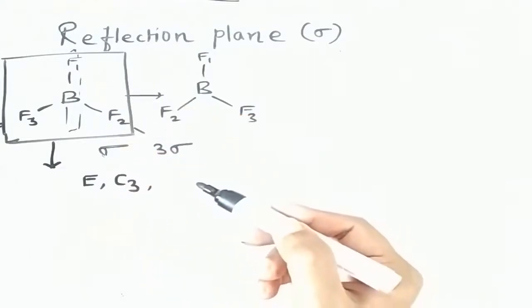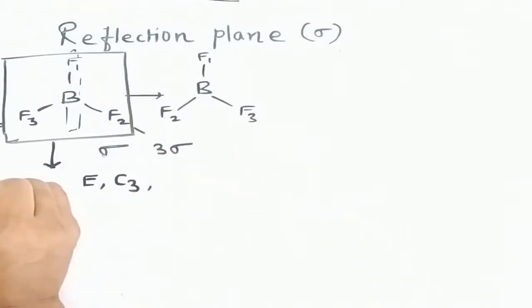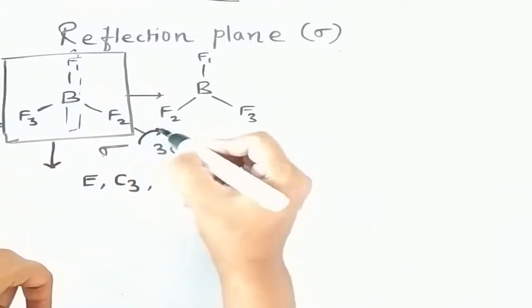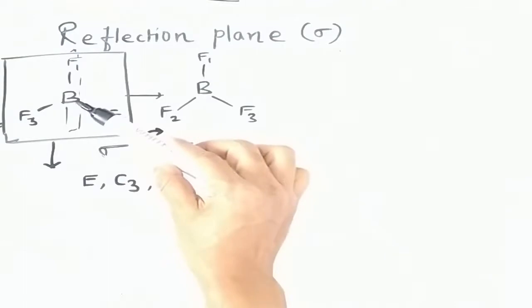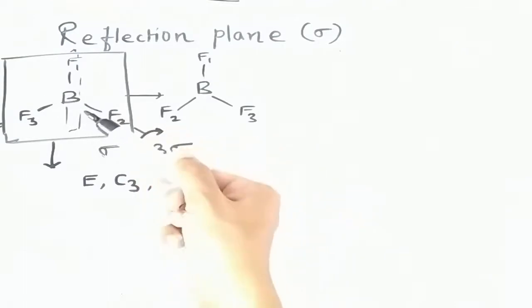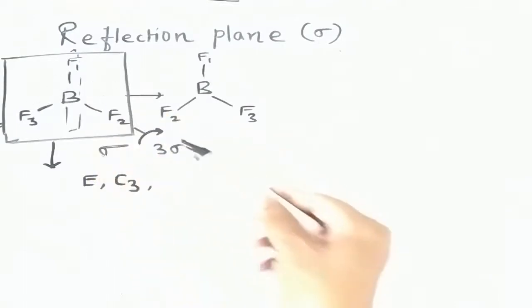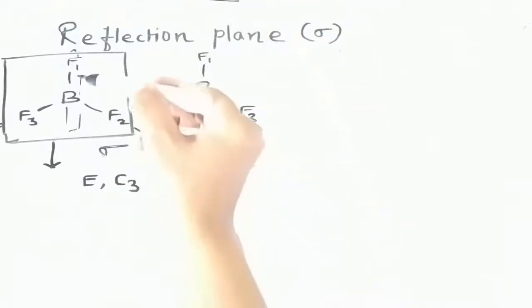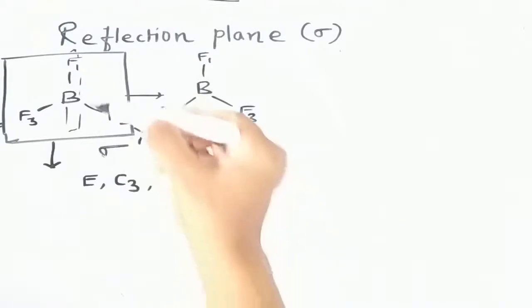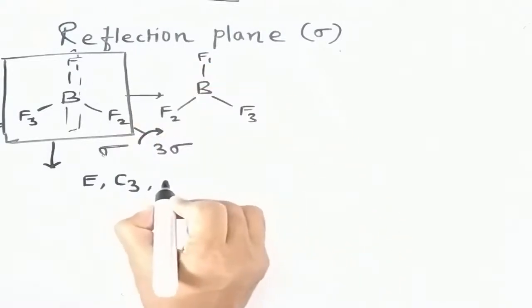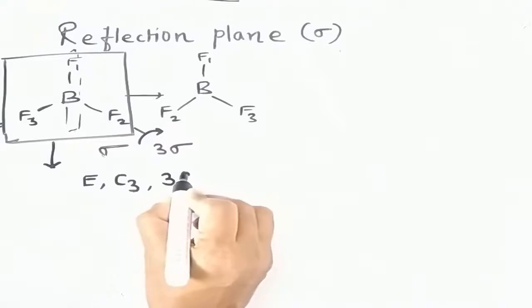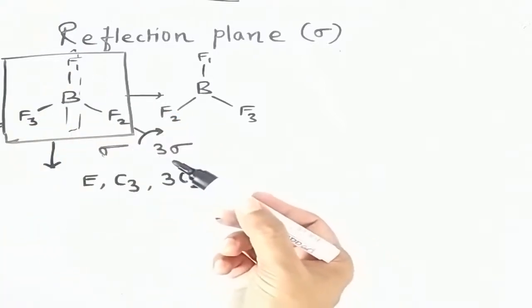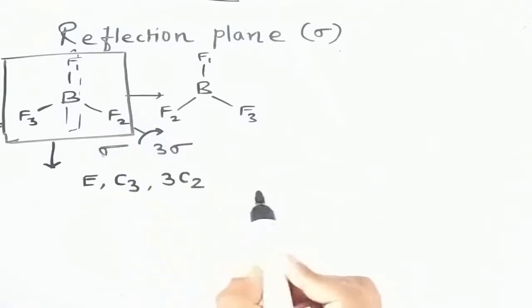That means one C2 is present along B and F3. Another C2 axis is also present along this bond. If I rotate, again F3 and F1 will replace. That means there is one more C2, and in this type there is one more C2 along F1 and boron. So there are 3 C2s. There is no other rotational axis present in the BF3 molecule.